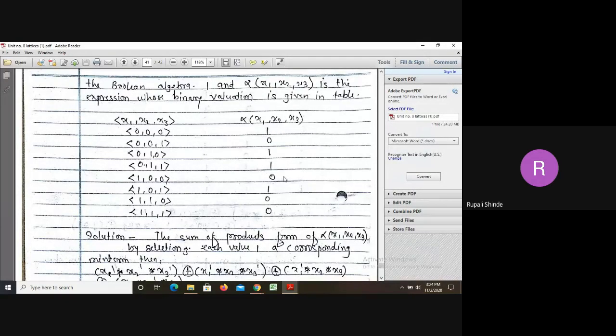From this, we have to find the sum of products for this alpha x1, x2, x3. So for sum of products, this is our final column, and we have to check where we have written 1. They have already given this table, and from this table you have to get the sum of products form.